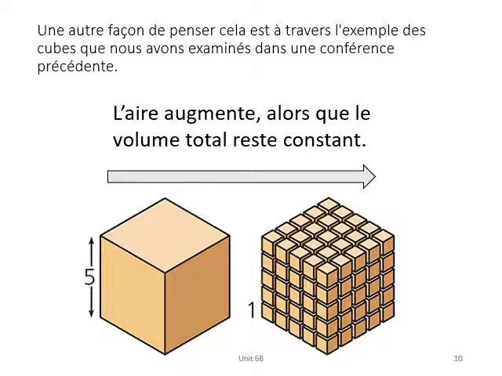Another way to think of this is through the example of cubes that you saw in a previous lecture. As the area increases, in this example, the total volume remains constant. Thus, the surface area is increasing compared to the volume, and more things can go in and out through the surface.